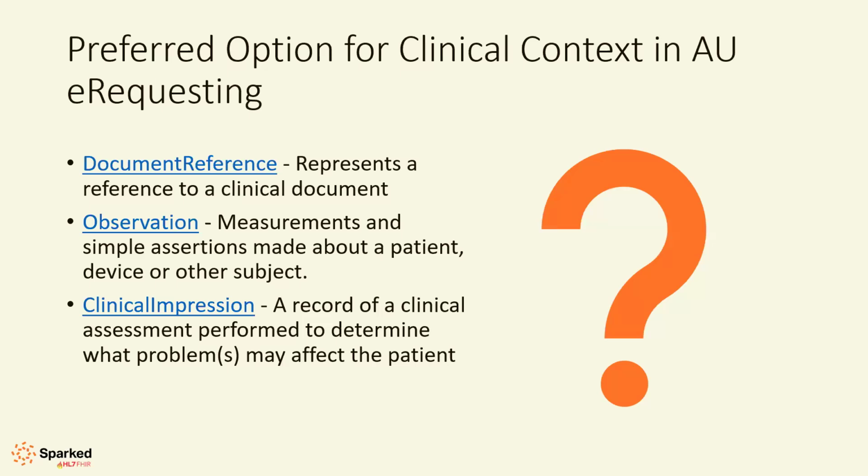But clinical context, being open and a text-based interpretation, could be like a child that's broken their arm and you're wanting to verify the location of that break when you're doing the radiology image. I know that at this point we're trying to understand what the FHIR resource would be, but I think we're talking about lots of different concepts and placing them in different places where they may not necessarily be appropriate. Does that make sense?